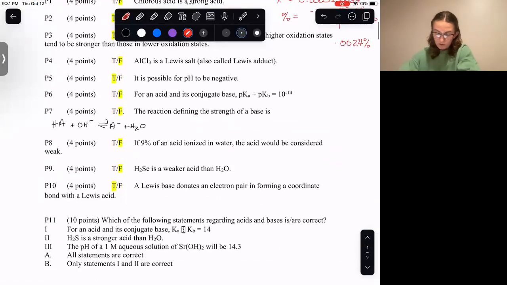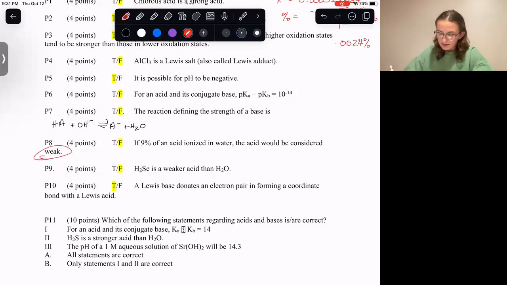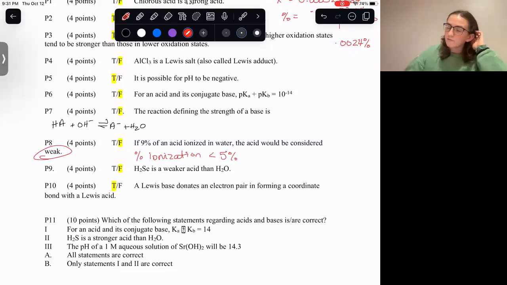Yep, so the cutoff for a strong or weak acid is going to be percent ionization less than 5%. So anything above 5% would be considered a strong acid. But for the context of your exam, your 6 strong acids and your 6 strong bases will 100% ionize.